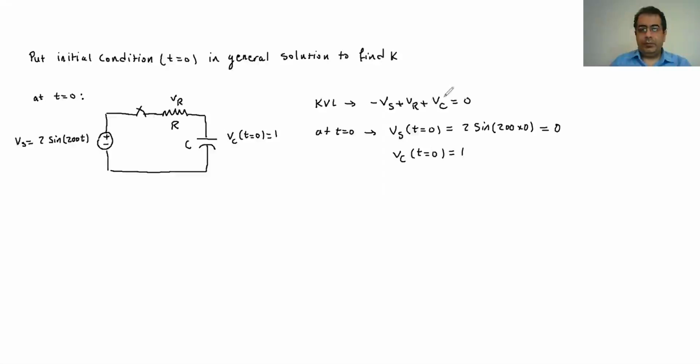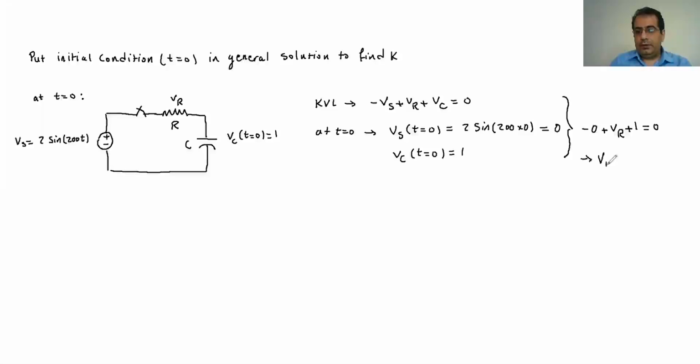So if I put all these into that equation, this one is going to be 0, so it's going to be negative 0 plus the VR, which we don't know, and the VC is 1, is equal to 0.